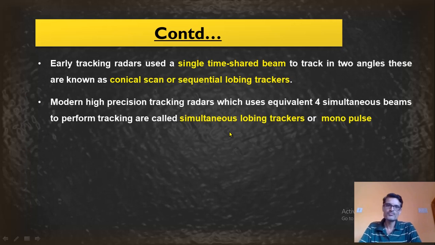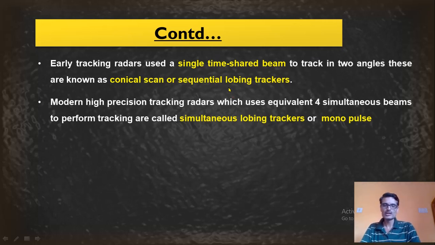So I'll skip this. Depending on how we track, and how these two beams, or maybe multiple beams, are generated in tracking radars, we have two different types and subdivisions. Early tracking radars used a single time shared beam.